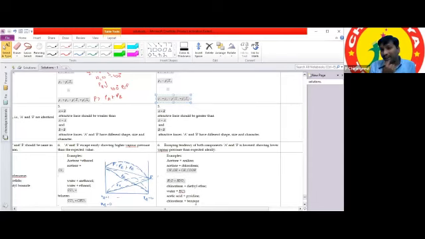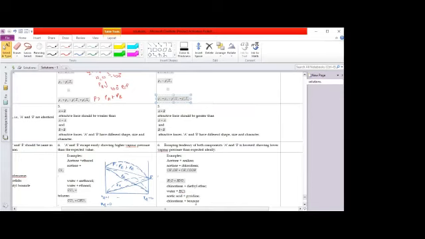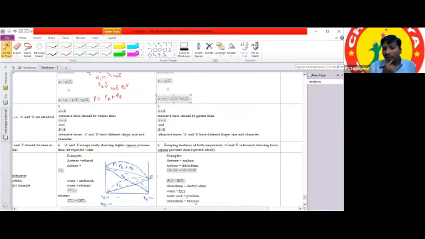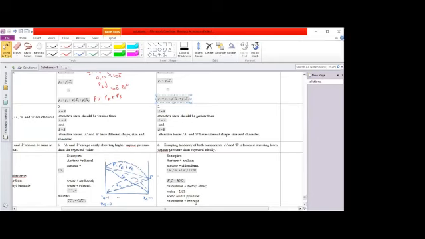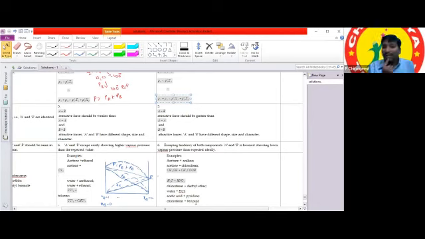Acetone and aniline, both are non-polar or polar molecules? Non-polar, sir. Very good, Sirisha. Both are non-polar only. And water and nitric acid, both are polar or non-polar? Polar. Both are polar molecules only.